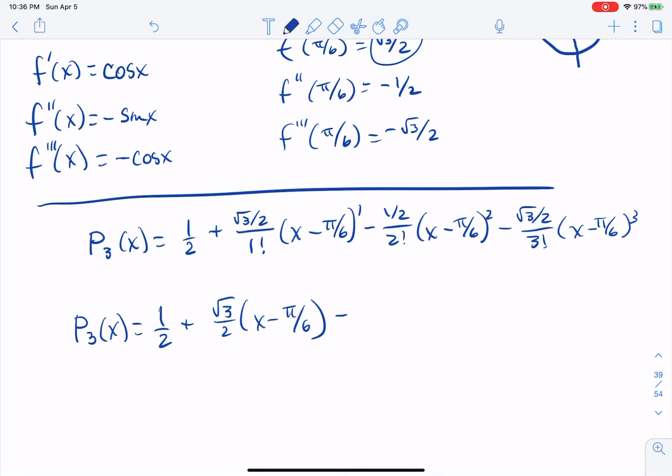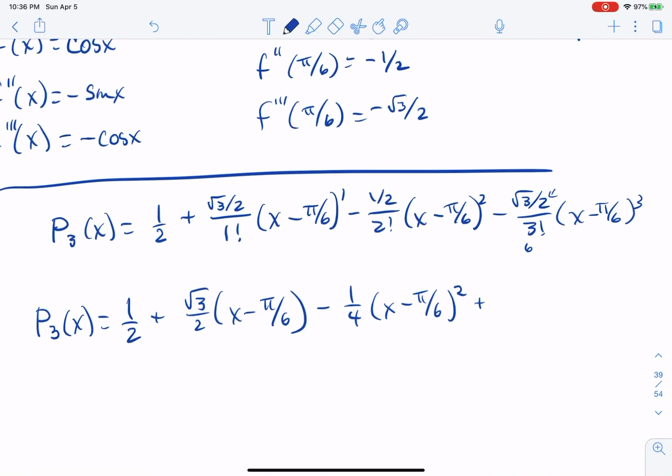Bring the other 2 down to it, so it's 1/4 times x minus pi over 6 squared. And then our 3 factorial is 6, 3 times 2 times 1. And then multiply it by the 2 that's up here at the top. That's going to be 12. So square root of 3 over 12 times x minus pi over 6 to the third.